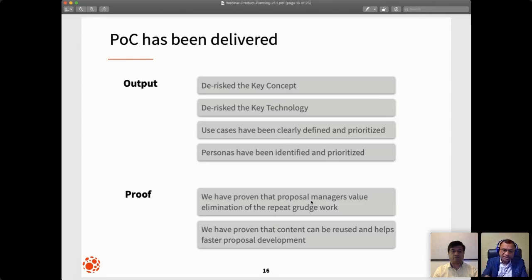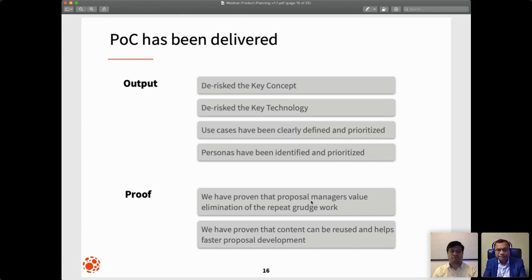The use case for us is a proposals manager looking at a new request for a proposal, who immediately has a lot of the content automatically filled in from the prior proposals. This is a bigger use case that gets broken into smaller use cases, but it's the primary use case.